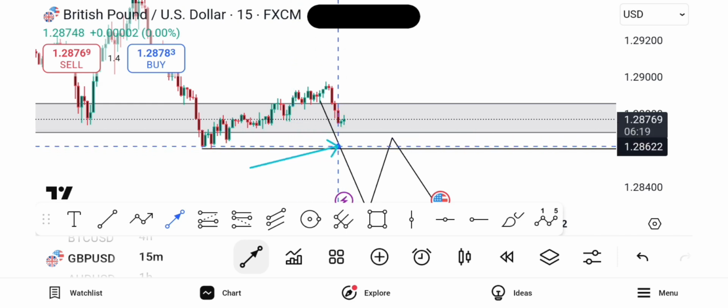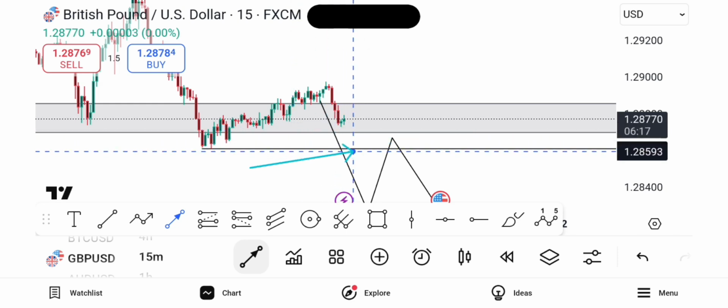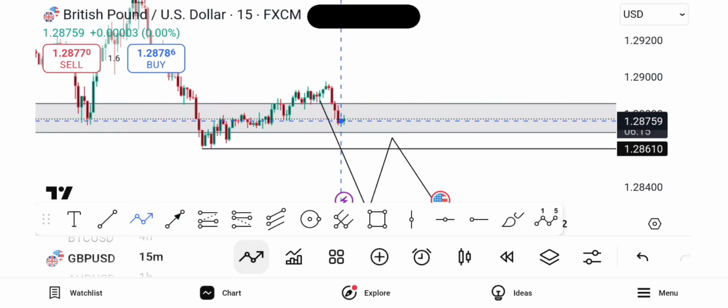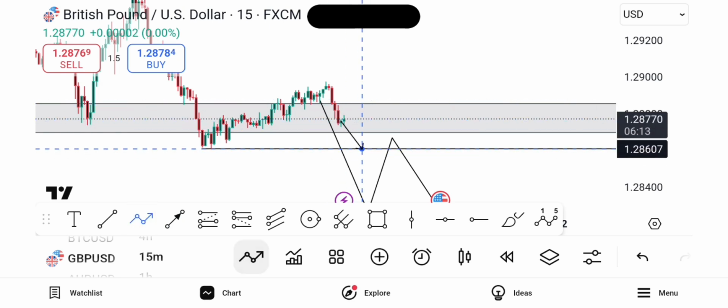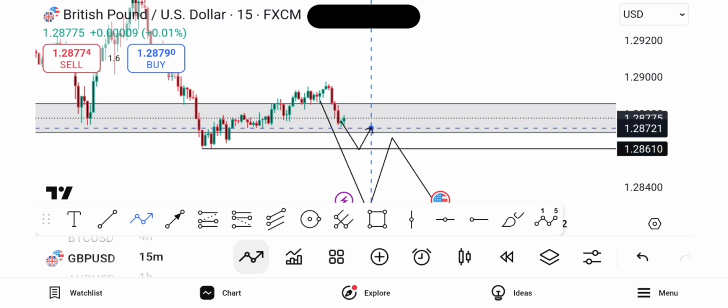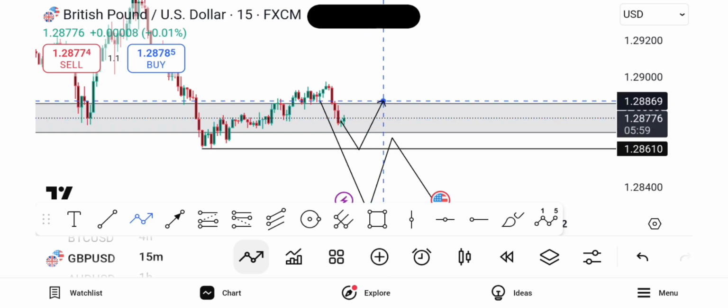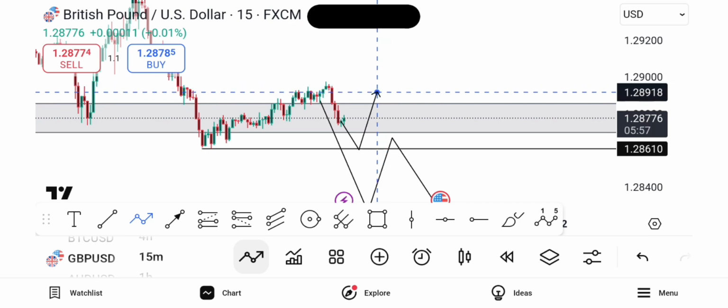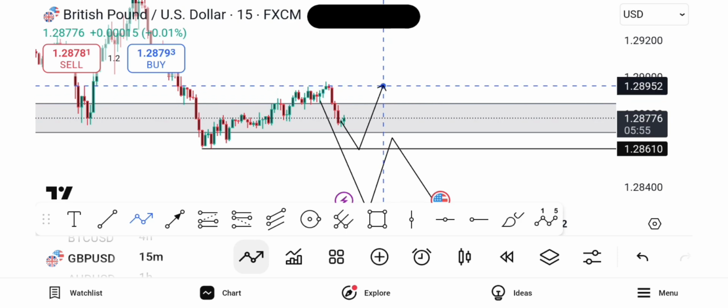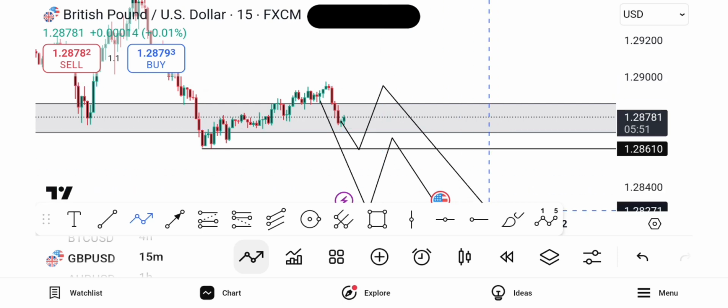What will happen is the market reaches here, reaching back to the support, then makes a reversal, coming back to this zone, and then drops downwards.